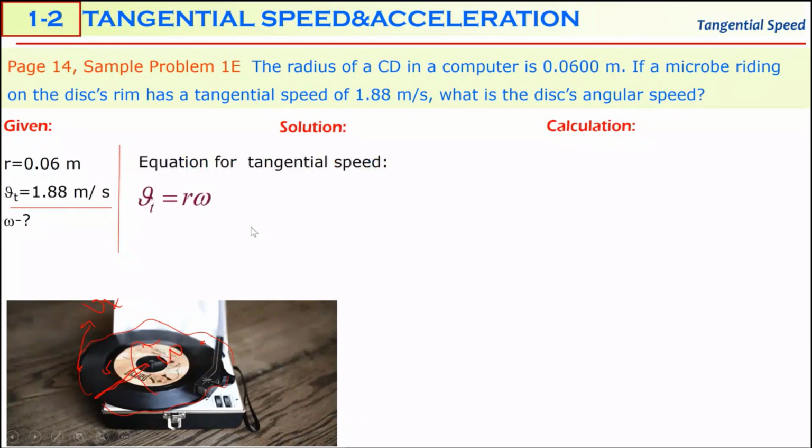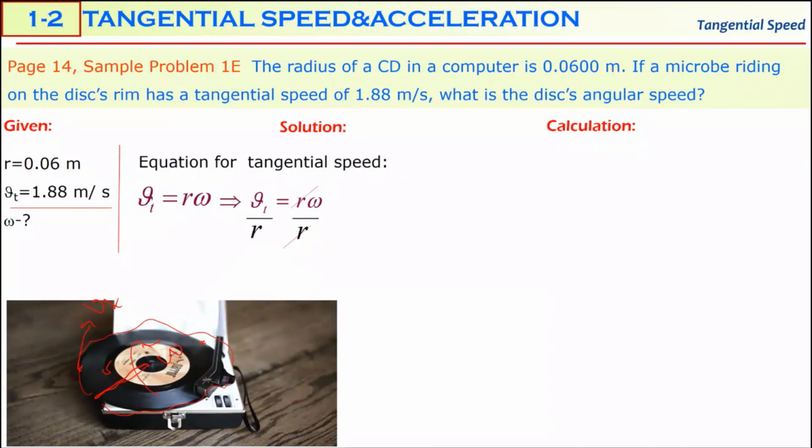We know the equation: Vt is equal to R times omega. You know what R is, you know what Vt is, so you can easily calculate what omega is. Divide by R and simplify R, because you need omega.